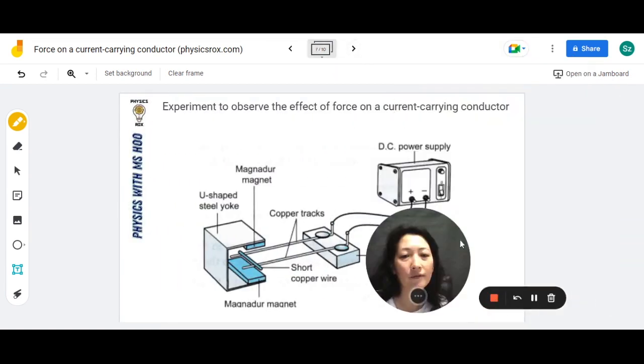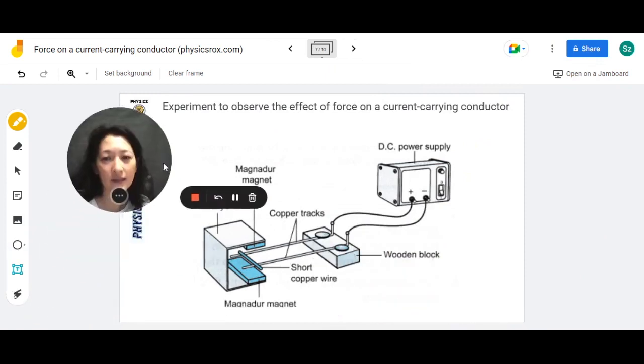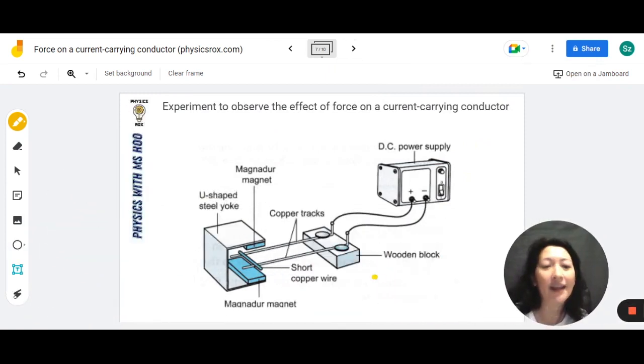An experiment to observe the effect of force on a current carrying conductor could be something like this. We have the direct current power supply connected to some wires here. These copper tracks are exposed so that current can flow through this short copper wire.